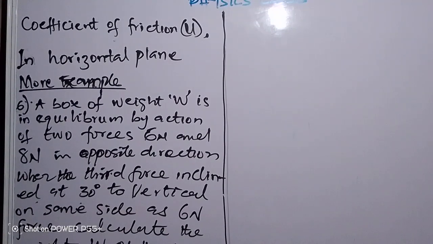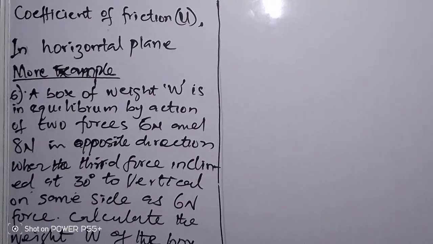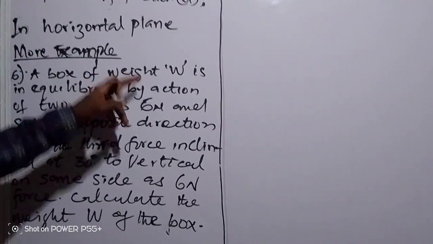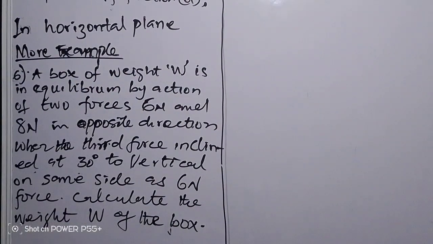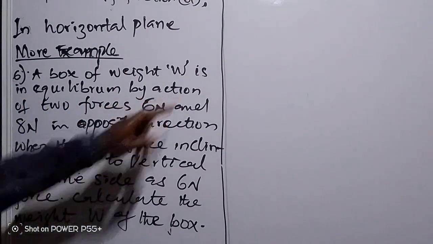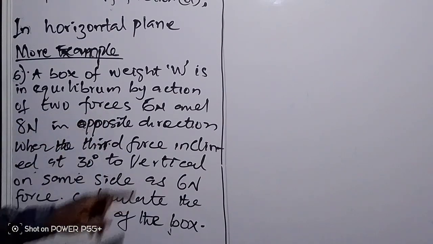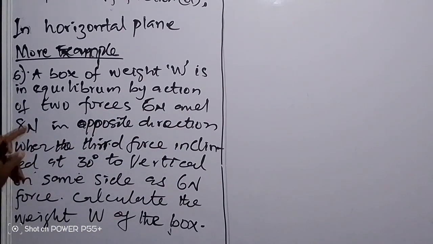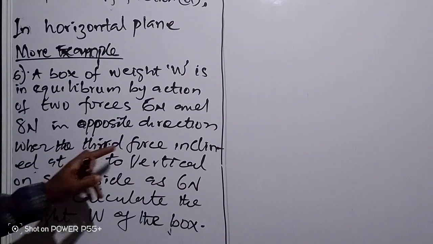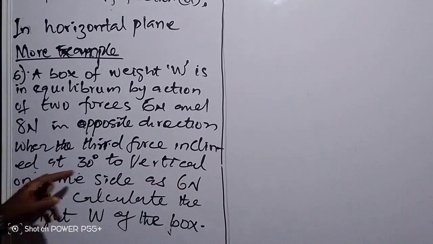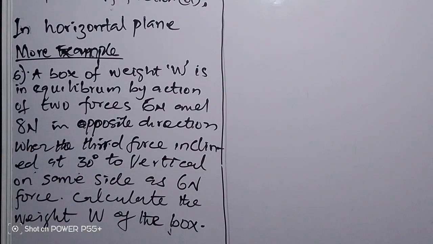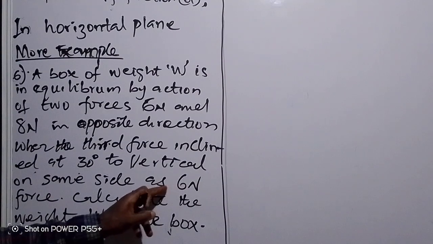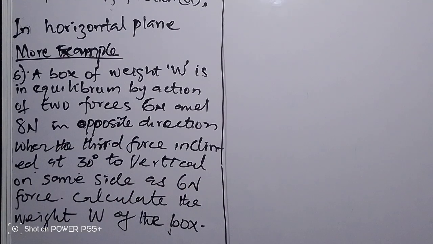Let's take this one as example 6, as I said. A bus of weight W is in equilibrium by the action of two forces, 6 Newton and 8 Newton, in opposite directions. A third force is inclined at 30 degrees to the vertical, on the same side as the 6 Newton force.